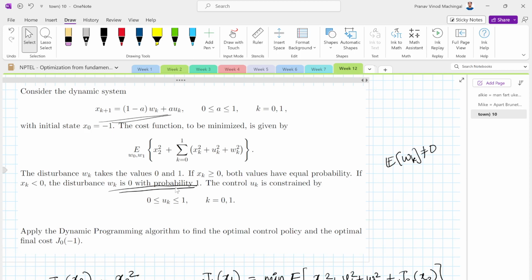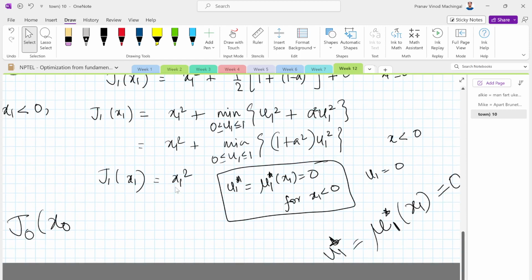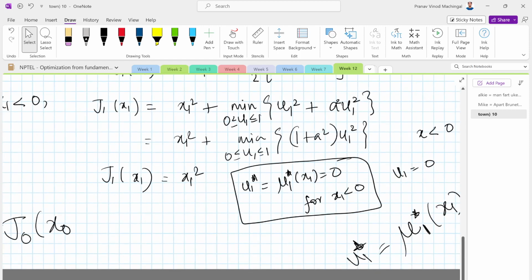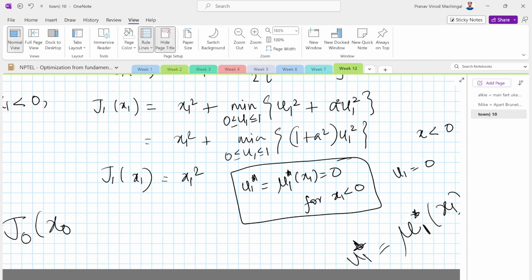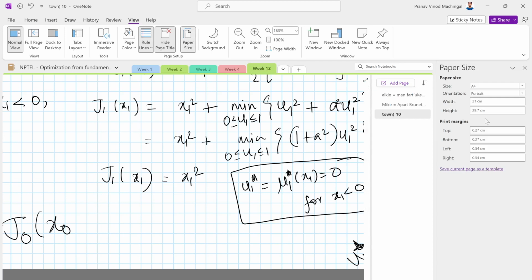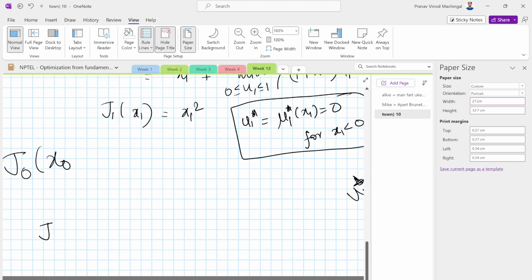Final optimal cost, it comes out to be... let me just increase this page. Final optimal cost. w is not always 0.